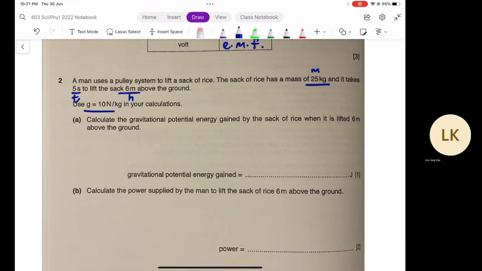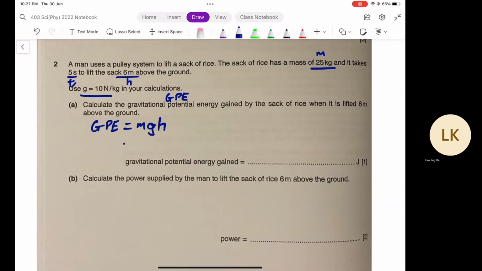So we know from this question that they are looking for gravitational potential energy. Very quickly, you should be able to recall that the gravitational potential energy is actually mgh. At the same time, you notice that I have been labeling or annotating on the question itself because it helps me see where the values are. Because of that, I'm able to now substitute the values in very quickly and obtain my answer.